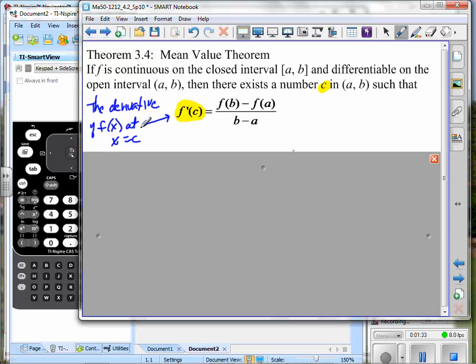slope is a value, right? A single value. If I say the slope of the line is 4, it's a single value. So the slope of a line tangent to this curve at this point is a single value. So the derivative is this. What is this?